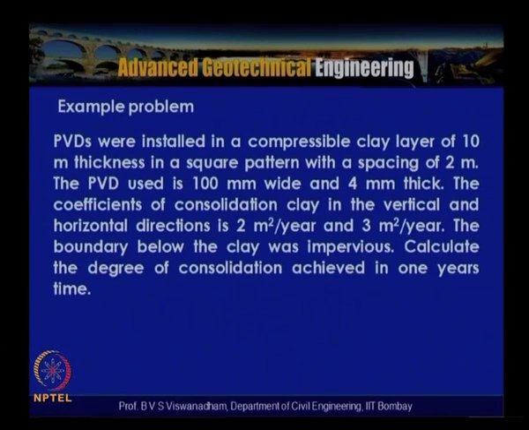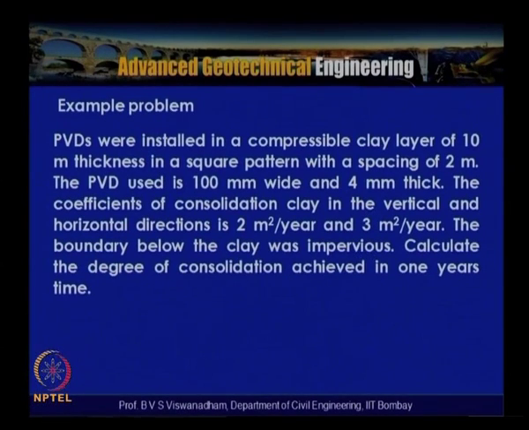The boundary below the clay was impervious. Calculate the degree of consolidation achieved in 1 year's time. Here the dimensions of the PVD, CH and CV are given, and it is assumed that no smear and no well resistance need to be accounted for.